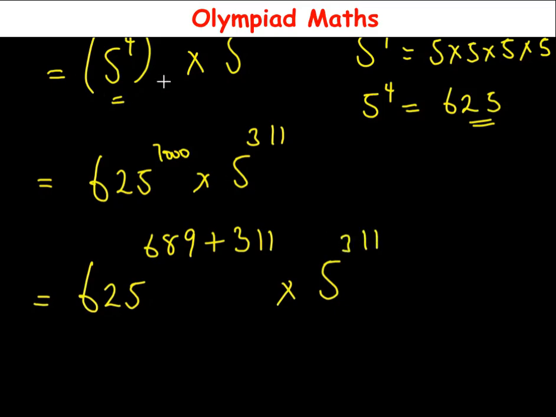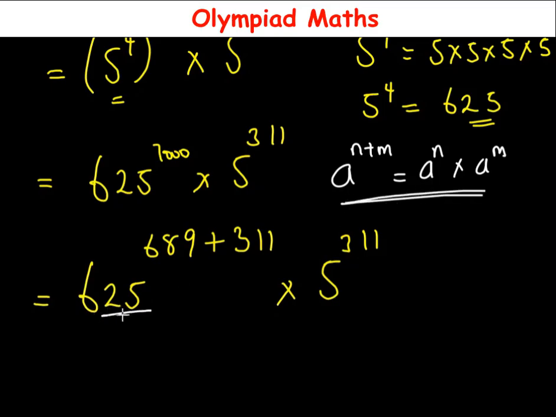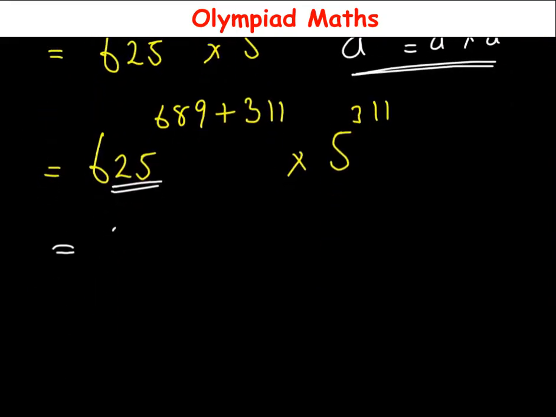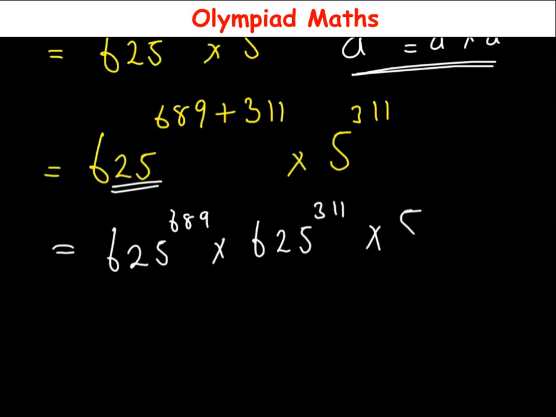Also, applying the rule that a raised to power n plus m equals a raised to power n times a raised to power m, applying this rule right here, this is then equal to 625 raised to power 689 times 625 raised to power 311, then times 5 raised to power 311.